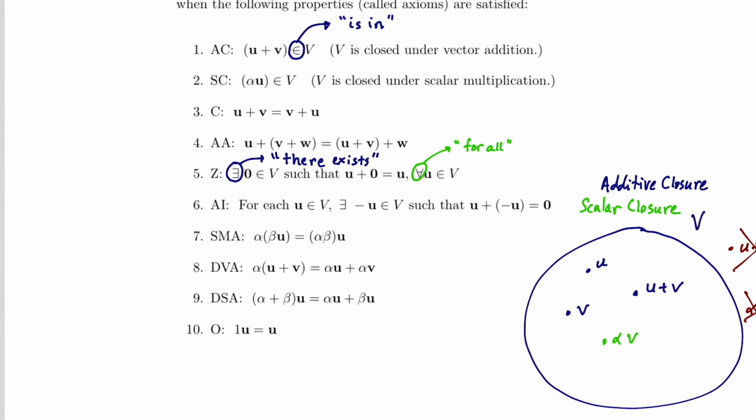Now we have to be careful not to assume that we know what the zero vector is. This is generally not the number 0. When we talk about different kinds of vectors, we have to figure out what the zero vector is based on this equation. This equation is actually a definition of 0, and we'll see how this works when we get to some examples.